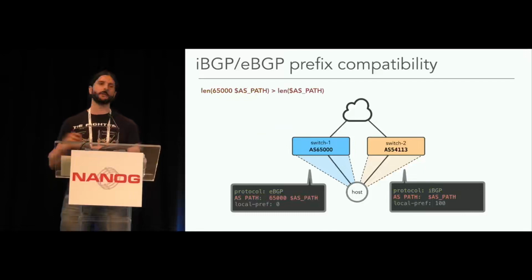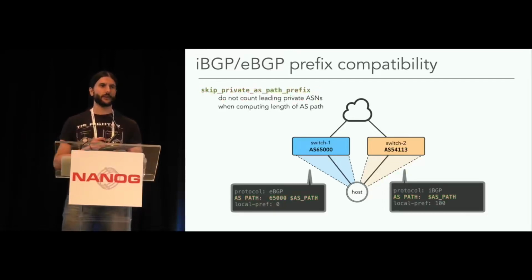However, you're just moving the problem somewhere else, because now it turns out that the AS path on the eBGP side is going to be longer, because eBGP keeps prepending at each hop the AS of the router announcing it. So we developed this other knob that says skip private AS path prefix, which when computing the length of the AS path, ignores all the leading private ASs.